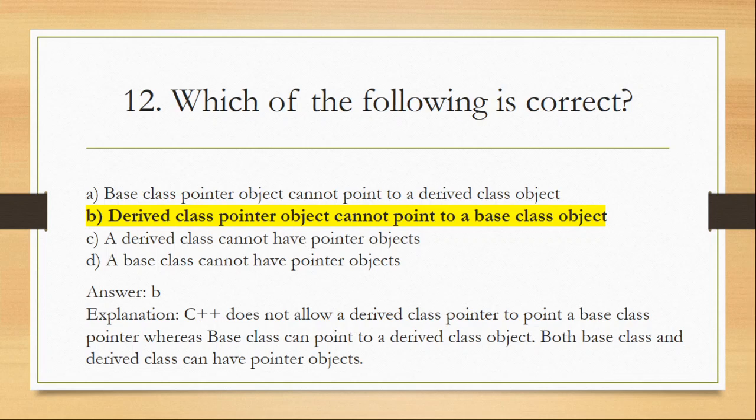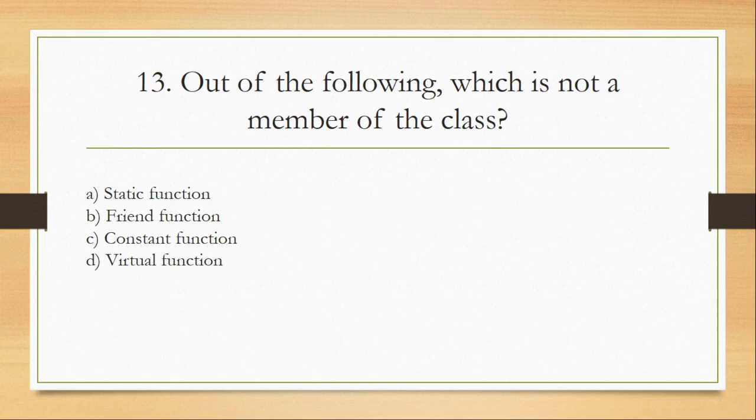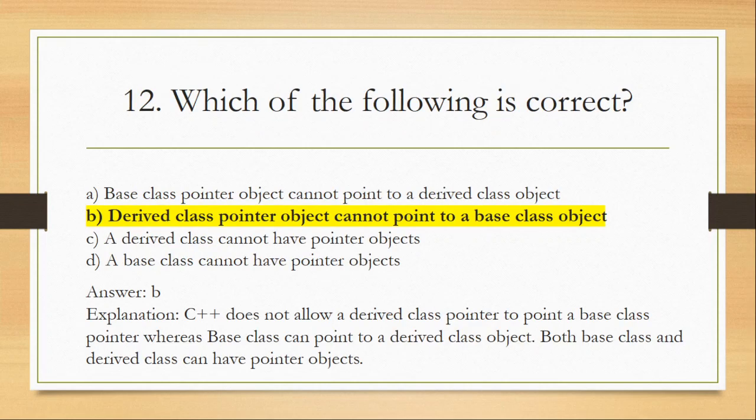Both base class and derived class can have pointer objects. So derived class pointer objects cannot point to base class objects.